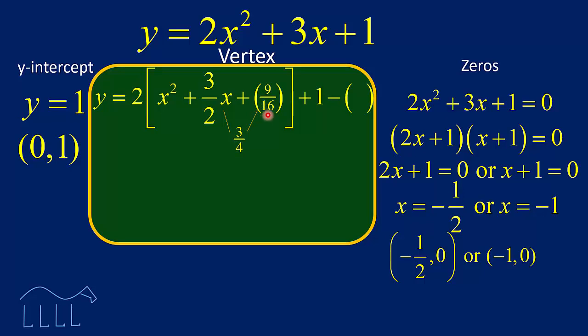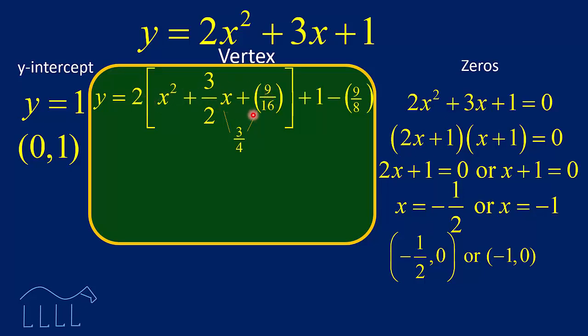Now, I put a 9/16 in here, but you have to realize there's a 2 in front. So really what I've done to this thing is I've added 2 times 9/16. So when I counteract that by subtracting off something, I'm not going to put a 9/16 in here. I'm going to put 2 times 9/16, which is a 9/8. See? So I subtract it off.